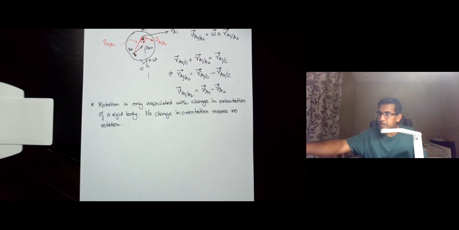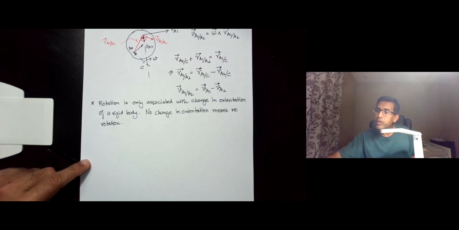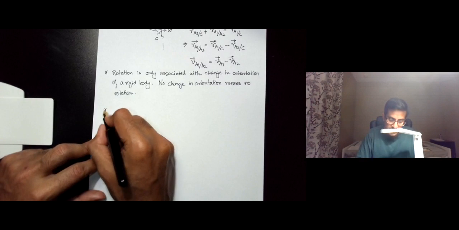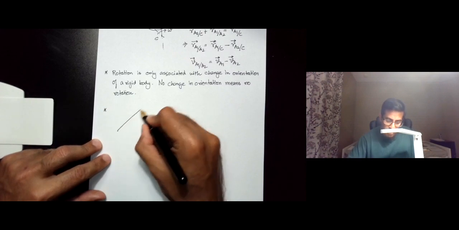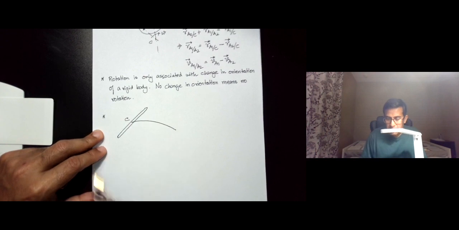And to illustrate this, we will take this example of, let's say there is a bar, and this is the center of the bar, and the bar has a motion like this.